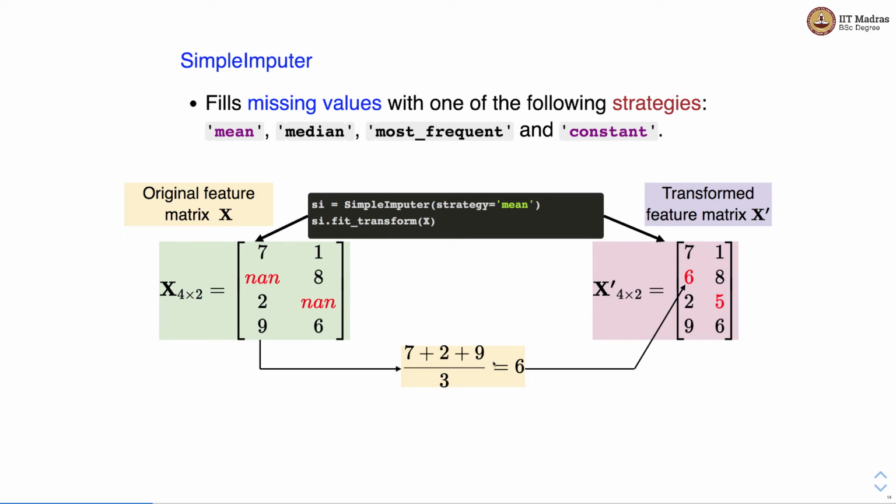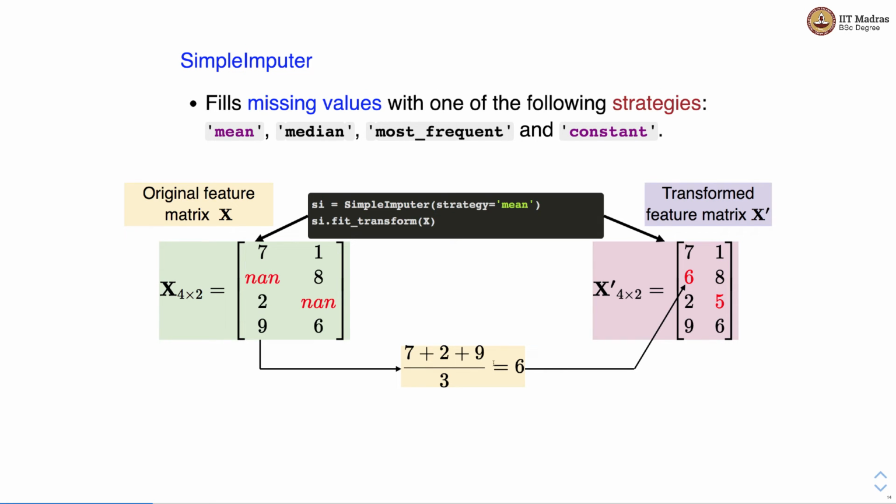Since we are using the mean strategy for imputation, the mean of the first column, the first feature, is basically 6. You know how to calculate the mean, but for your convenience we have shown the explicit computation over here. While calculating the mean, we ignore the missing value and calculate it with the other values that are present.